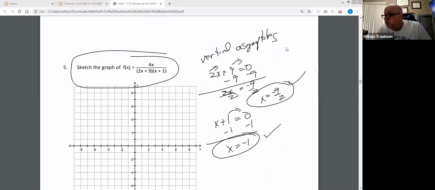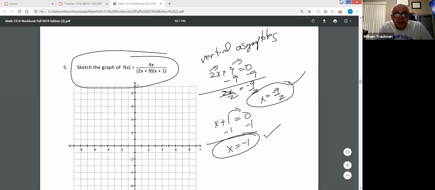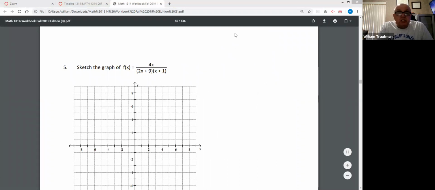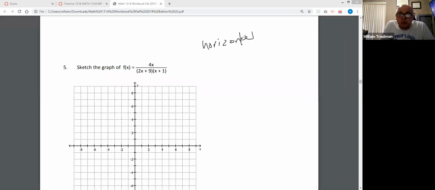All righty. That was vertical asymptotes. Now, remember horizontal. There are 3 rules for horizontal asymptotes. If the top power is more than the bottom, there is no horizontal asymptote.